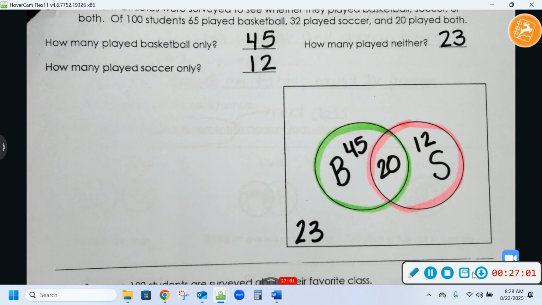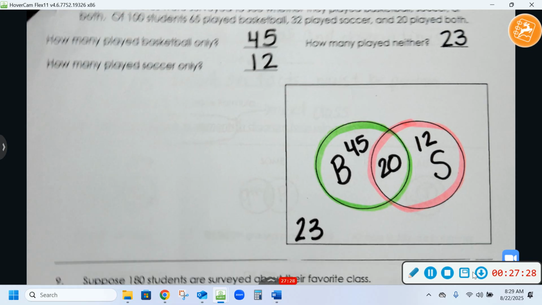Good? 100 minus 20. Guys, if you make the mistake of saying minus 65 minus 32, then you counted the 20 twice. So we have to separate the numbers so we do not double count. That's what happens when we have an and.